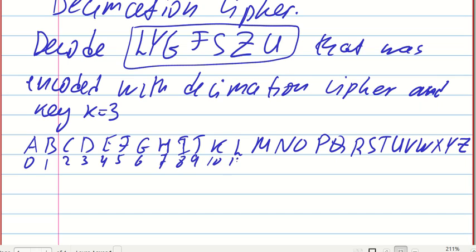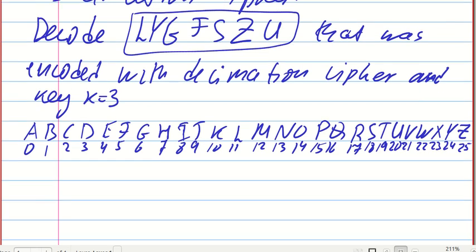So we number them. Sometimes it's hard to fit in. And we have to stop at 25 because we started counting from 0. So in total, there are 26 letters.